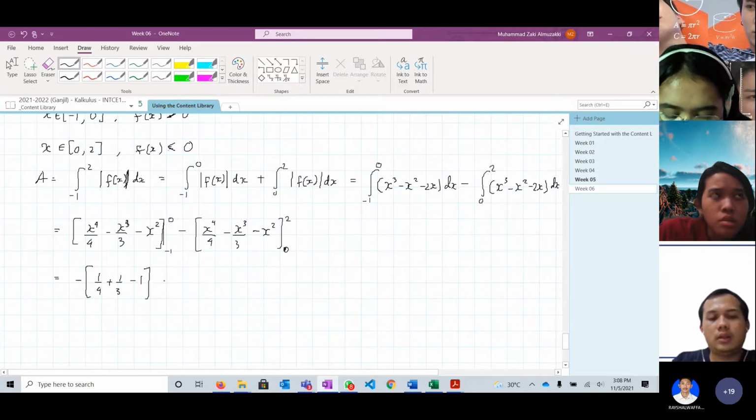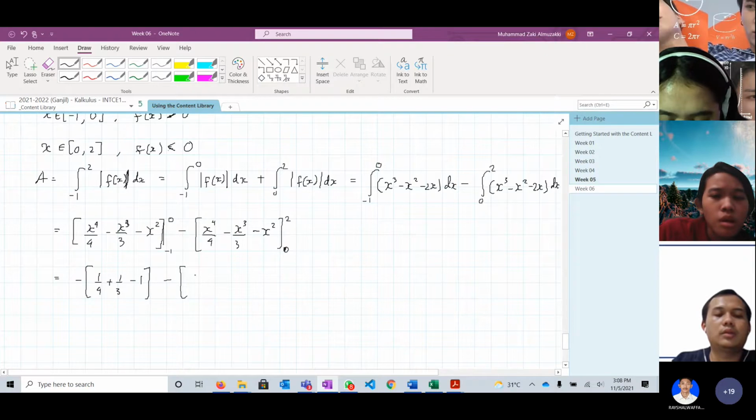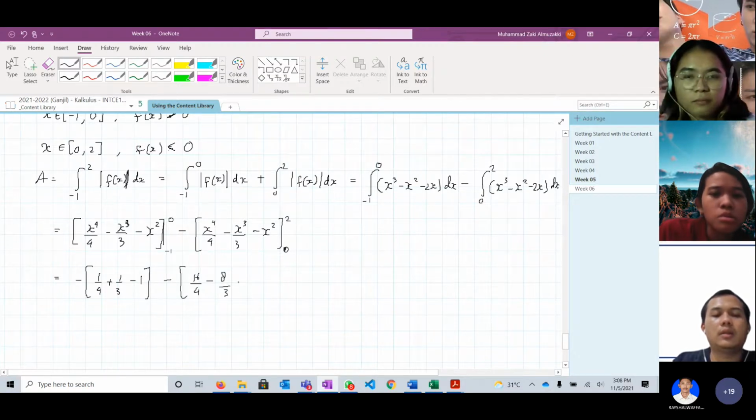Then minus, 2 power 4 is 16 over 4, minus 8 over 3, minus 4.